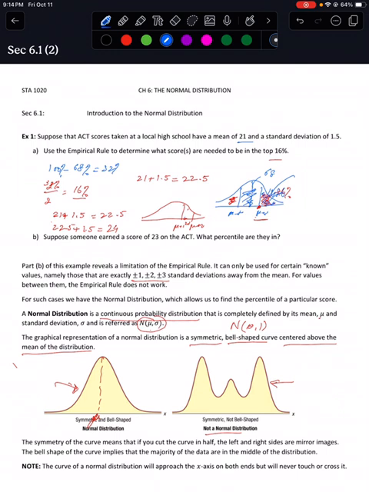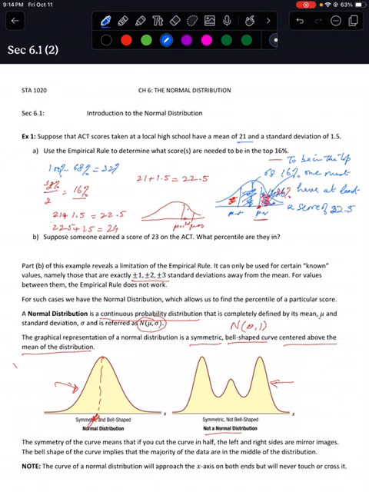So to be in the top 16 percentile, maybe I should answer in a sentence: to be in the top 16%, one must have at least a score of 22.5 on ACT.